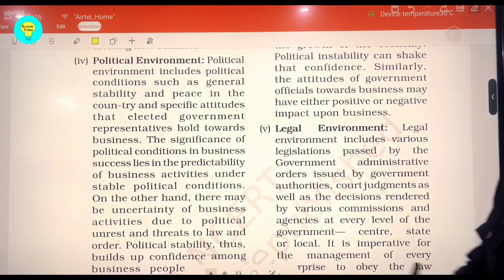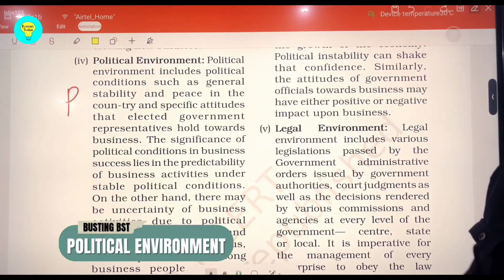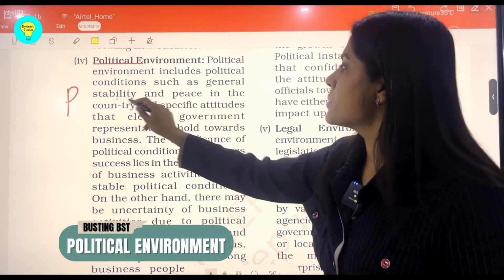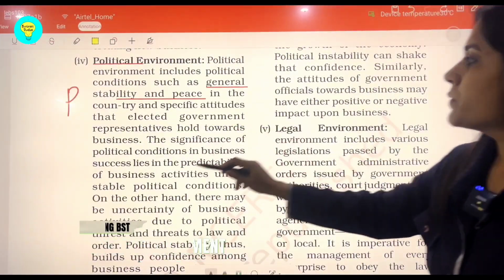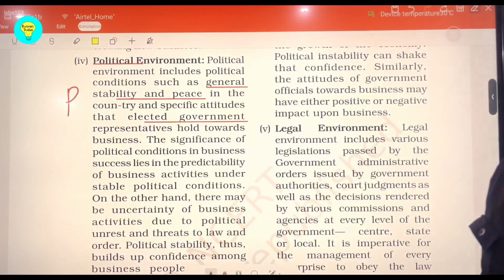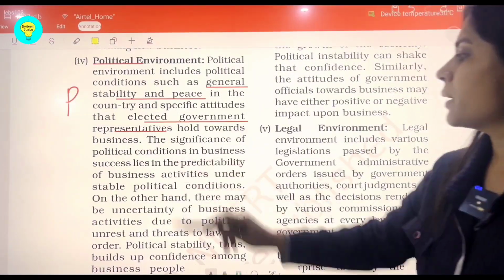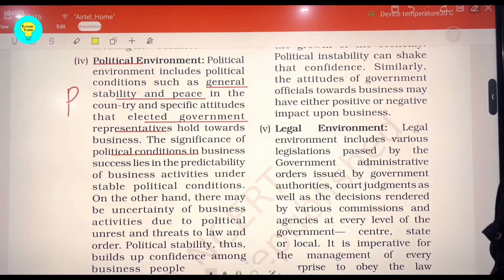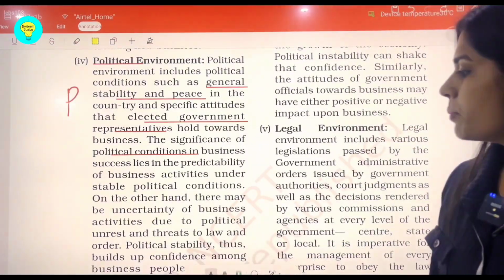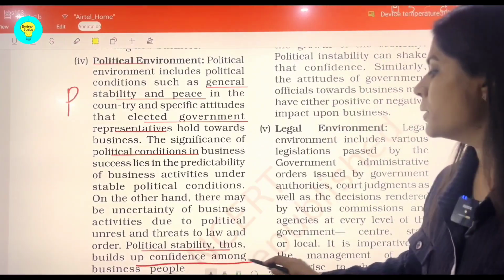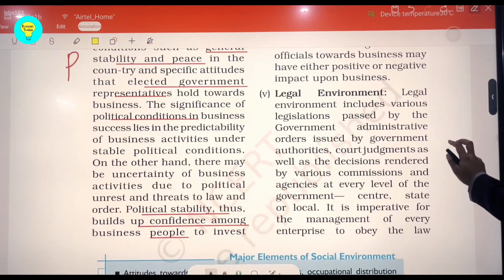So if we see the first component called P for political environment, it includes the general stability and peace, elected government and its representatives, the political conditions that underlie a country, and of course the political stability, thereby building up of confidence of the people due to that stability. So these points have been talked about.